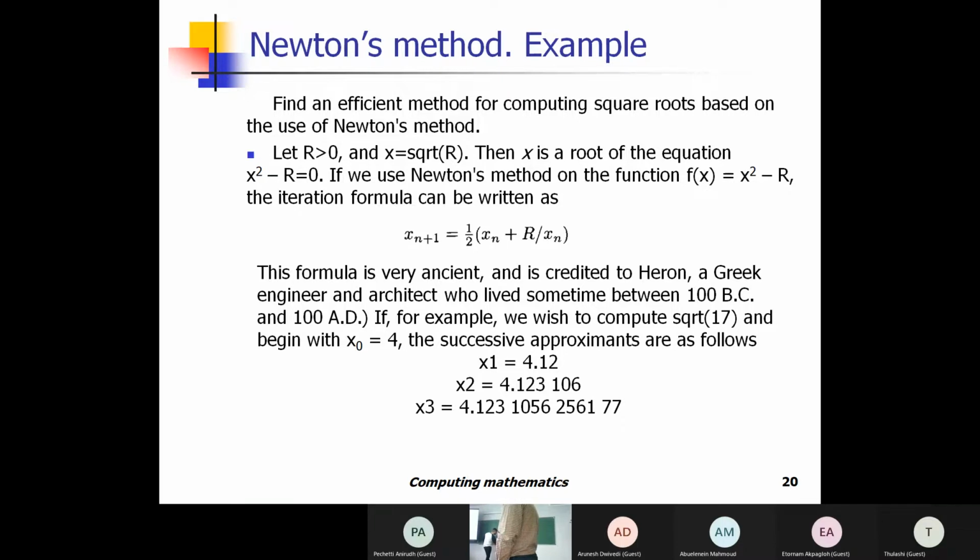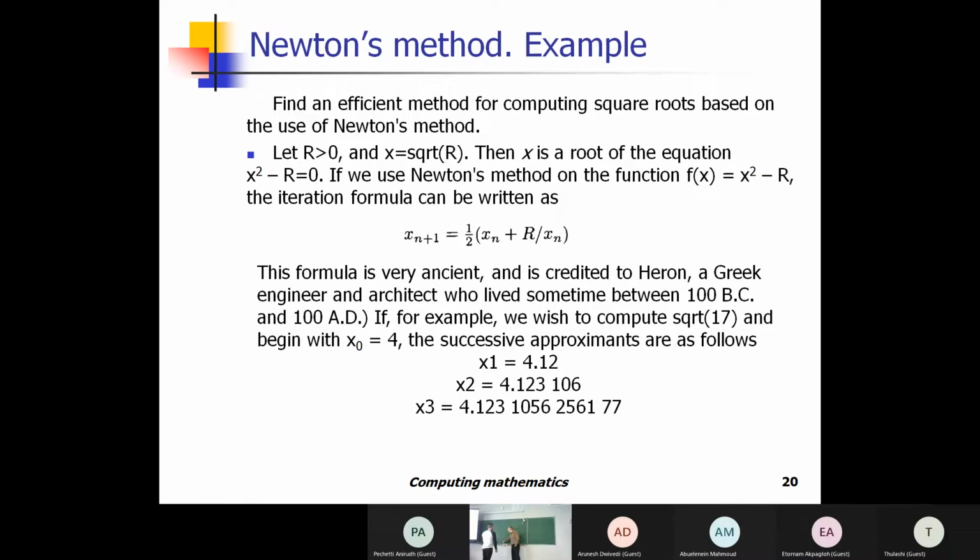Minus, then plus, because minus on minus gives plus. Plus r over 2xn. So xn is the first term, you're right.